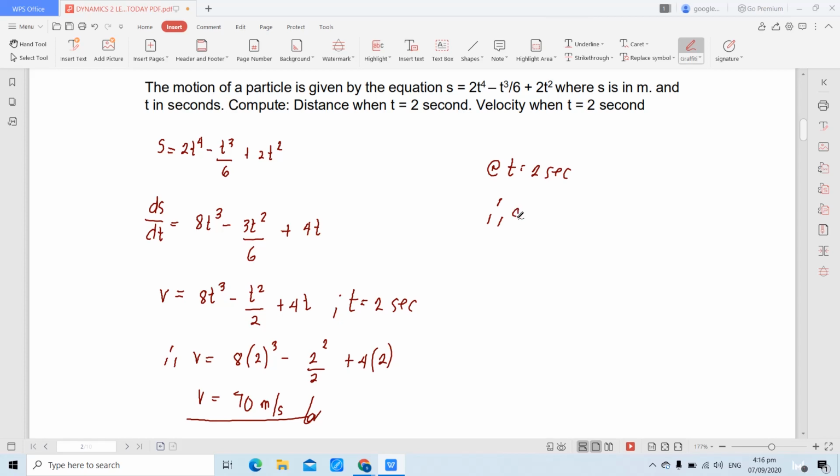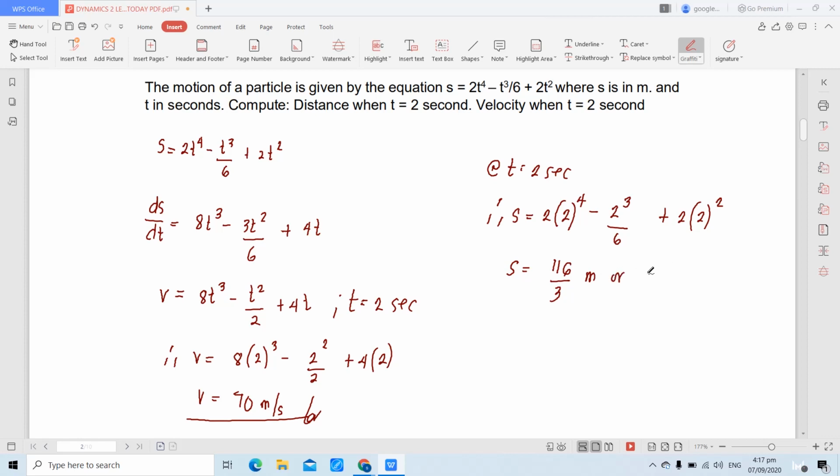Therefore, S is equal to 2 times 2^4 minus 2^3 over 6 plus 2 times 2^2. Substituting, 2 to the 4 is 16, times 2 is 32, plus 8, that is 40. 40 minus 8 over 6, which is 4 thirds. 40 minus 4 thirds is 120 minus 4, so 116 over 3, in meters.